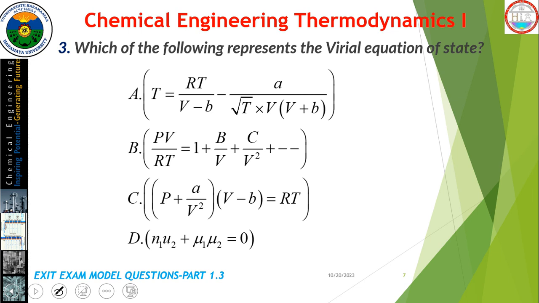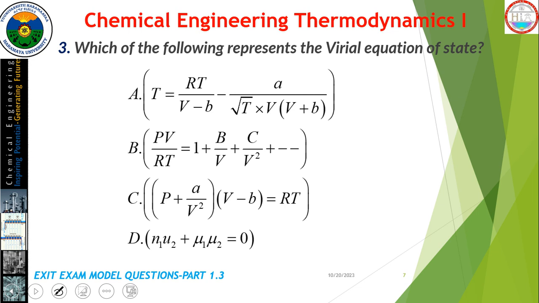This one is directly focused on the thermodynamic equations of state. Which one of the following is the virial equation of state? A: P equals RT divided by V minus B, minus A over the square root of T times V in bracket V plus B. B: PV over RT equals 1 plus B over V plus C over V squared plus so on.